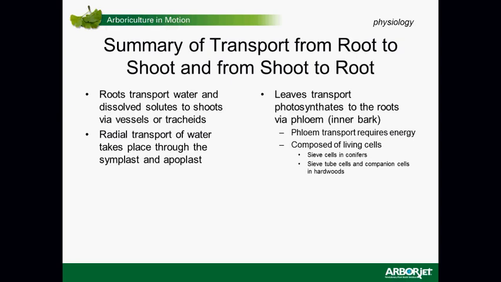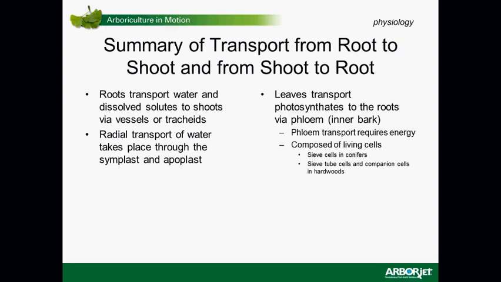Okay, so just to summarize root transport, from roots to shoot and shoot to roots. So transport within the plant goes in both directions. Roots absorb water and dissolved solutes and basically move it from that source to sink, basically apically into the plant leaf.